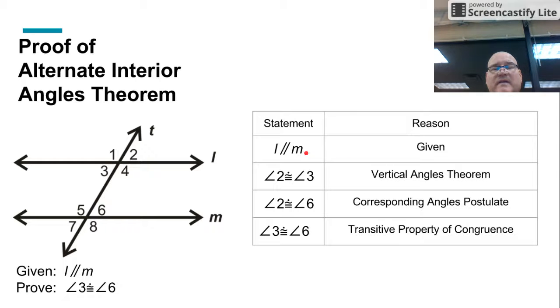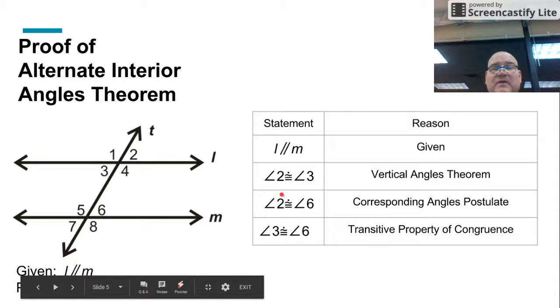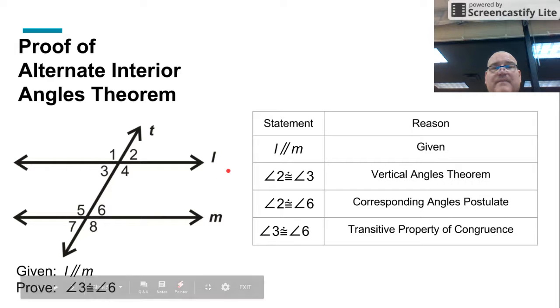Our proof would look like this. We're given that L is parallel to M. 2 would be congruent to 3 because they're vertical angles and the vertical angle theorem would apply. 2 is congruent to 6 because the lines are parallel and the corresponding angles postulate. And by the transitive property, since 2 is congruent to 3 and 2 is congruent to 6, thus 3 would be congruent to 6, and thus the alternate interior angles theorem.